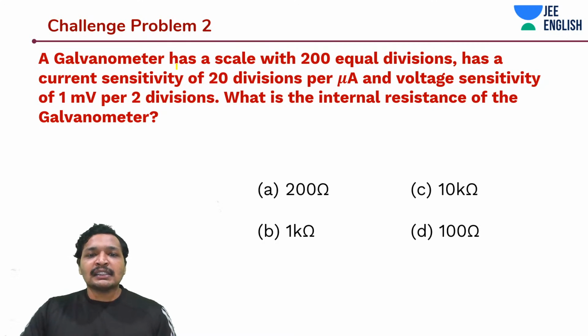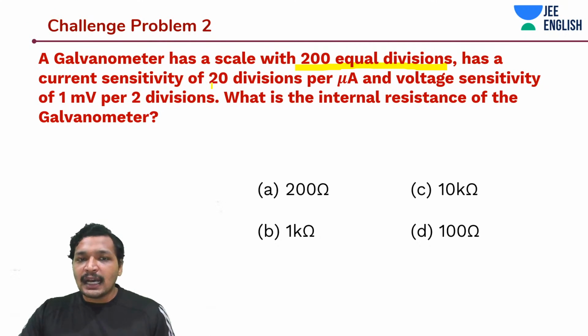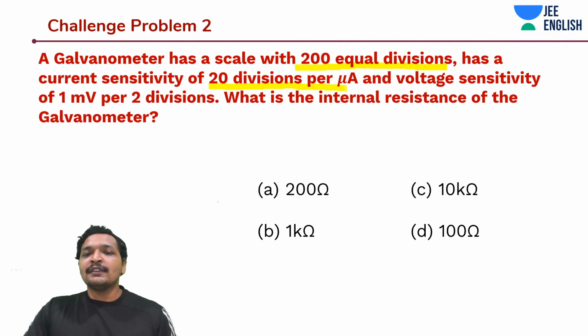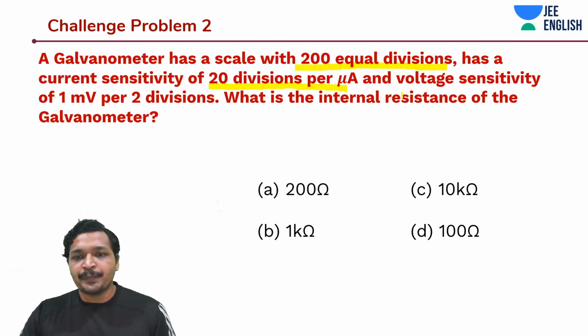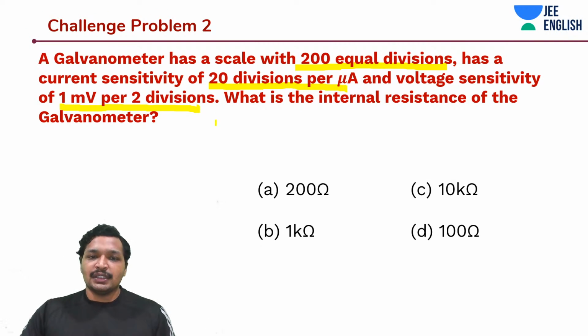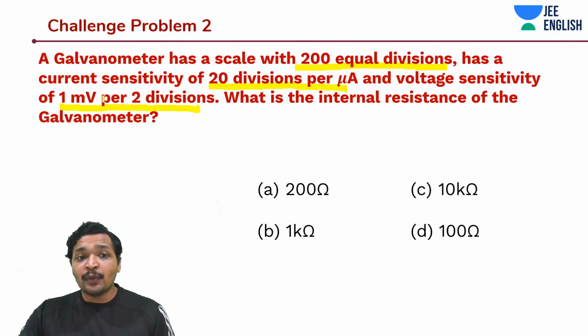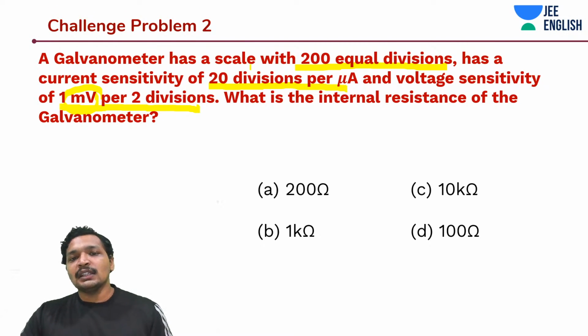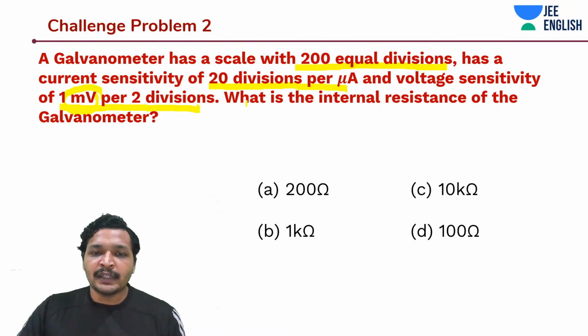A galvanometer has a scale with 200 equal divisions and has a current sensitivity of 20 divisions per microampere and voltage sensitivity of 1 millivolt per 2 divisions. Okay, 1 millivolt per 2 divisions and 20 divisions per microampere. Is there any difference between them?